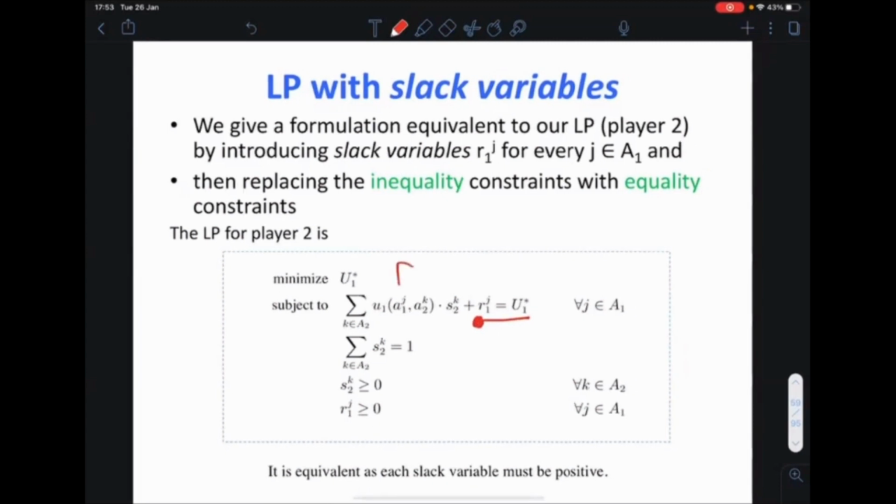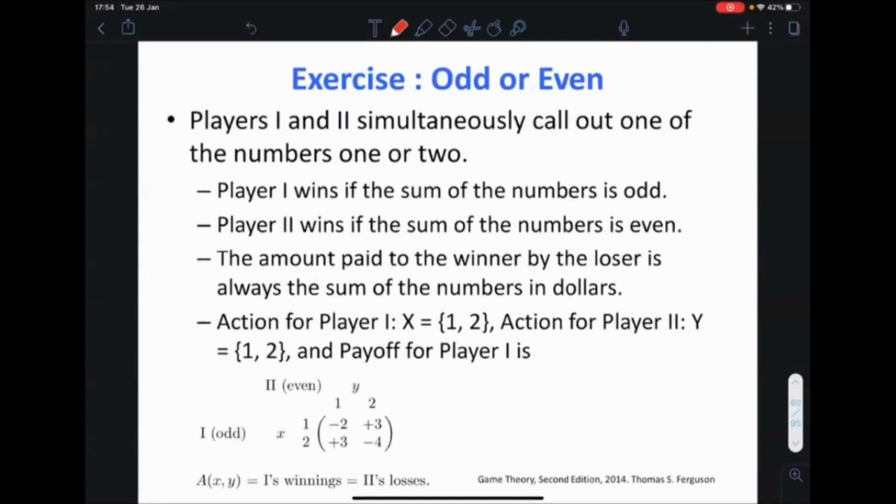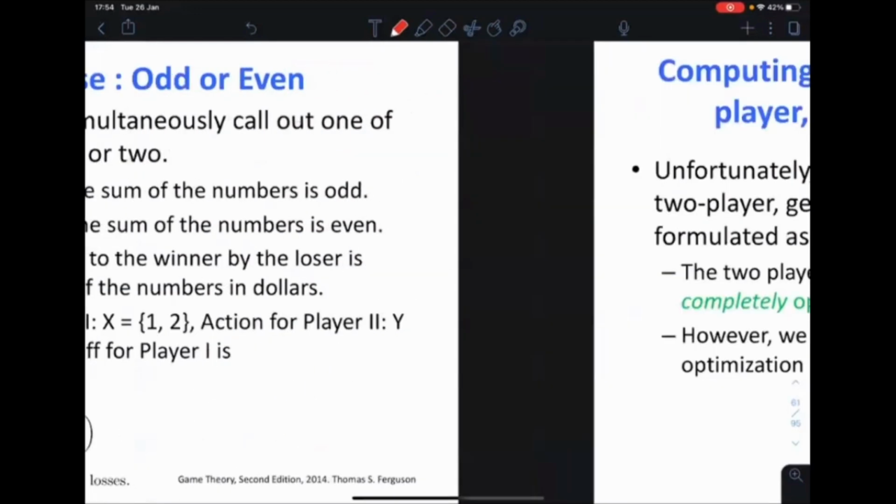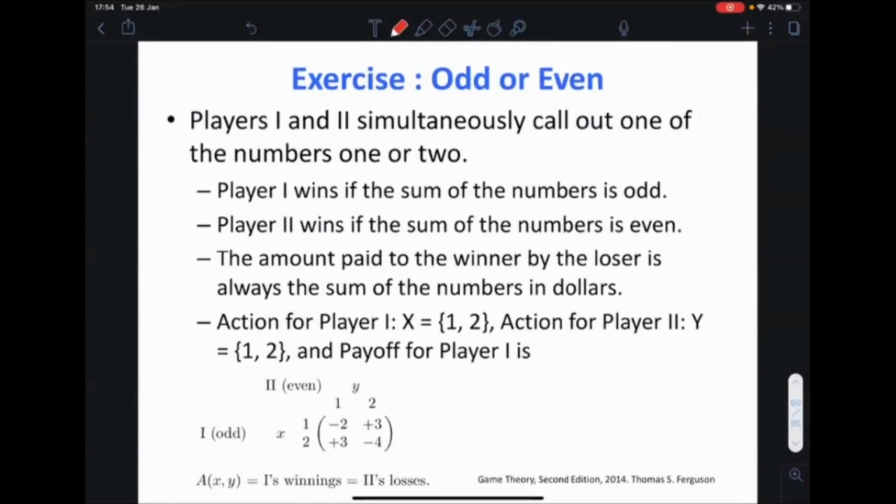For example, if there's support, in other words, you calculate this pure strategy and it gives you the optimal solution, then this slack variable R1J would be 0, right? Because that makes sure you reach this lower bound for that pure strategy. So this is an exercise to make sure that you understand how you can use this to come up with an LP solution, and so on and so forth.